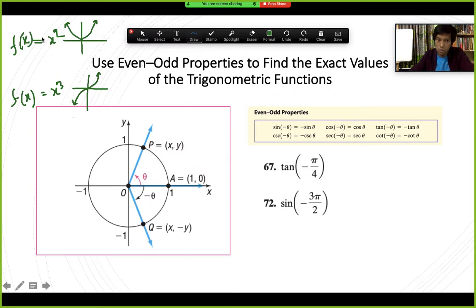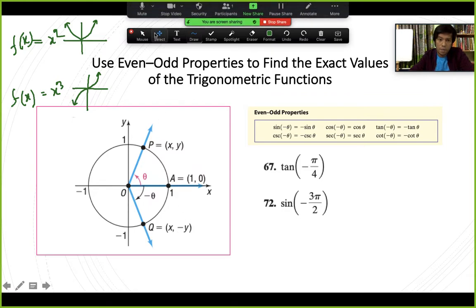But before we go to this concept, just look at this picture. This is our unit circle, and on the unit circle, any point, suppose this point's coordinate is x comma y. In this x comma y we can put any value we like. And the exact reflection of this point is here, which is x comma minus y.